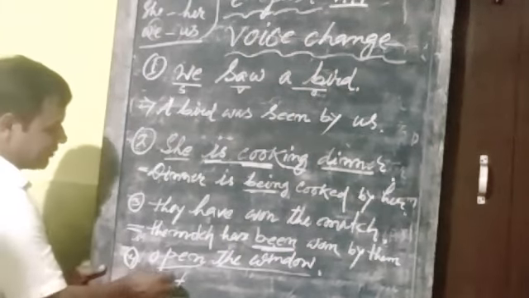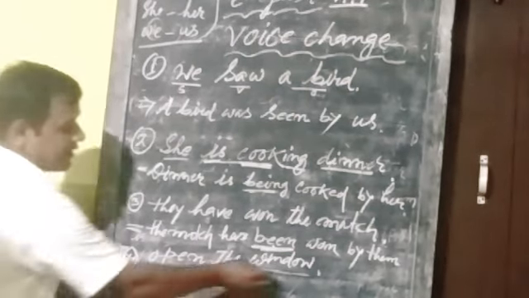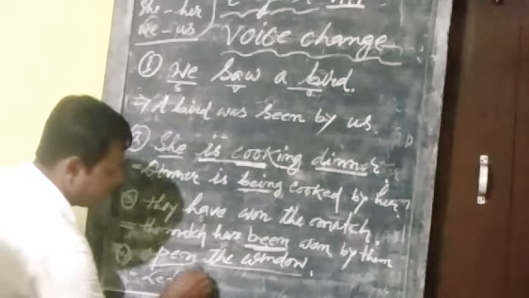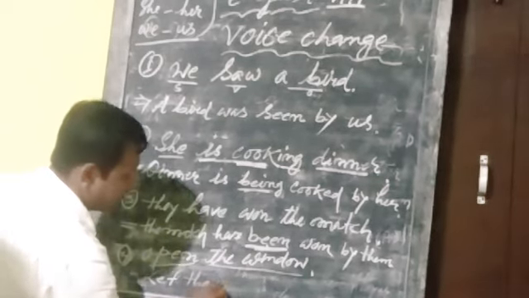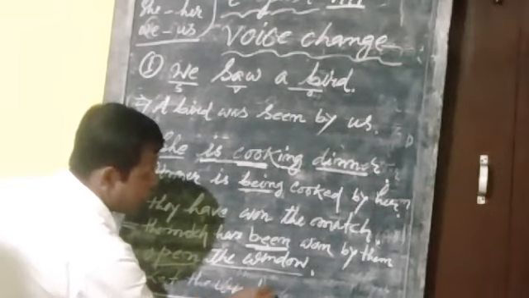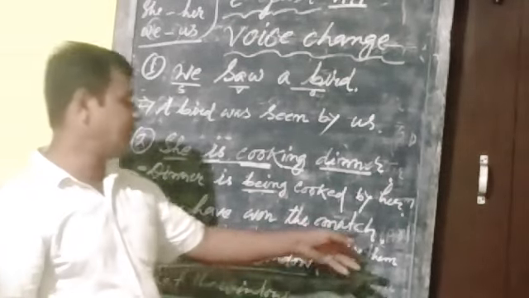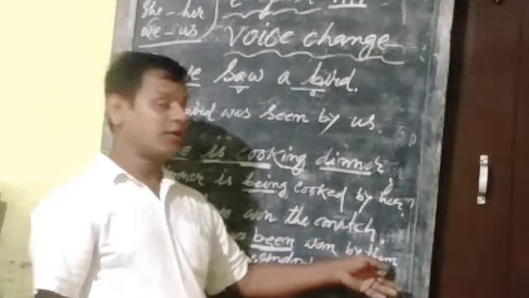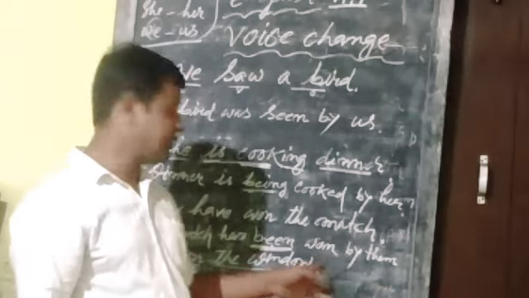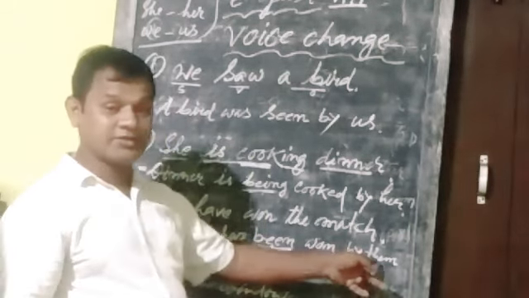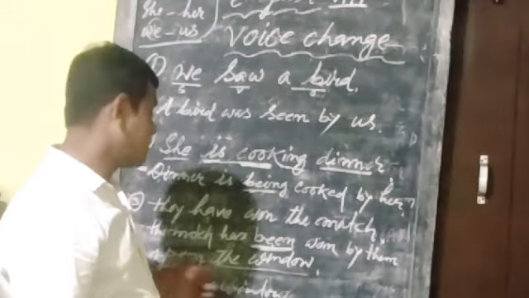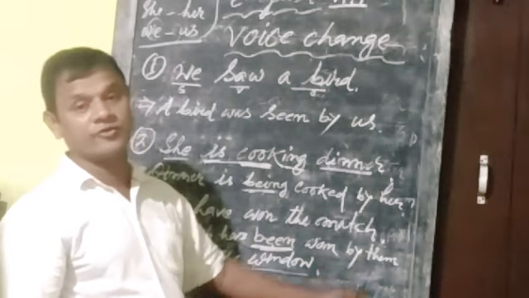So in that case, you have to write first let, then bring object, the window. Then by preposition no need, because by preposition is written before the subject that goes in place of object. Subject is not there, that means by also no need.